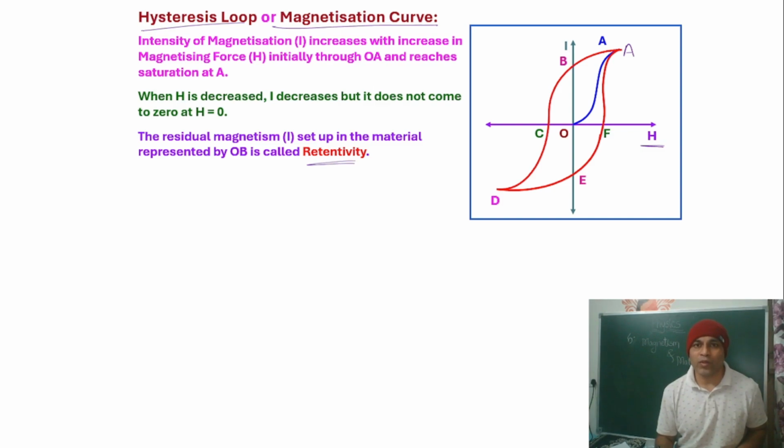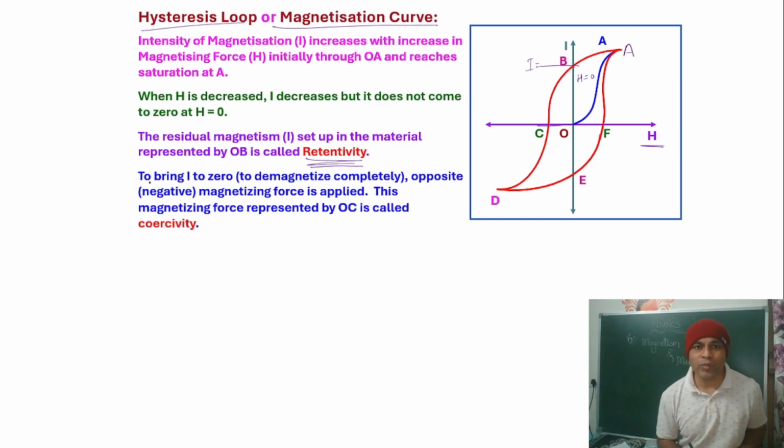So at this position H is 0, but I has some value. Some magnetization is still present in that material, even though the magnetizing force has reduced.